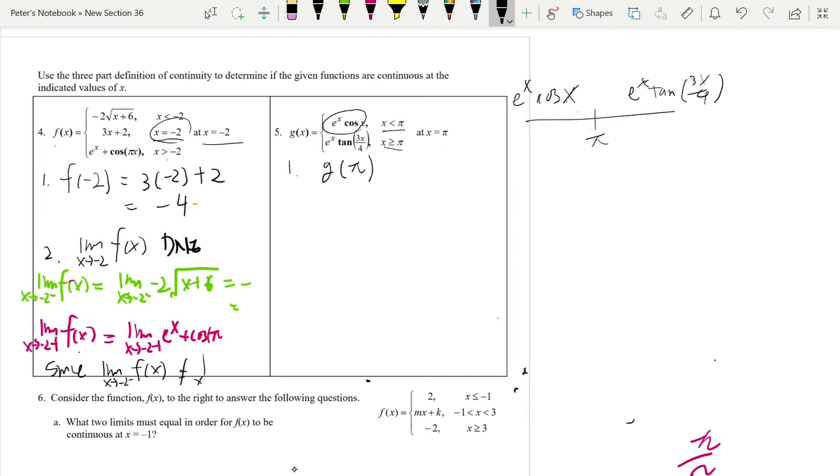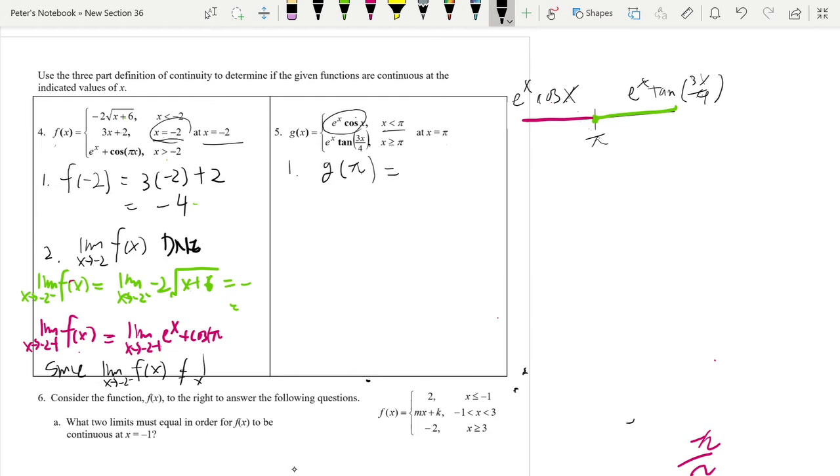And here, with this guy, we're actually including pi, and with the other function, we're not including pi. So to see which function we're going to use, we have to use that one because that's where the x value is included. X is greater than or equal to pi.